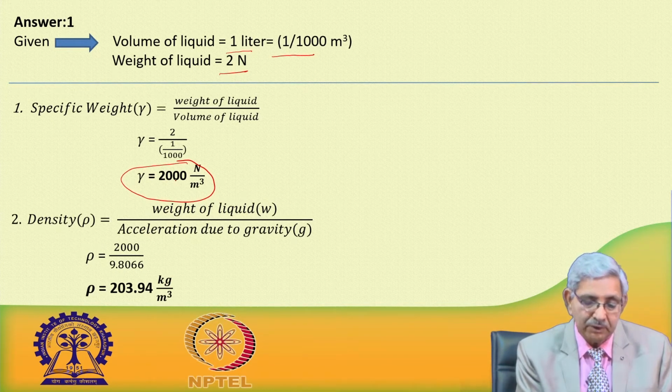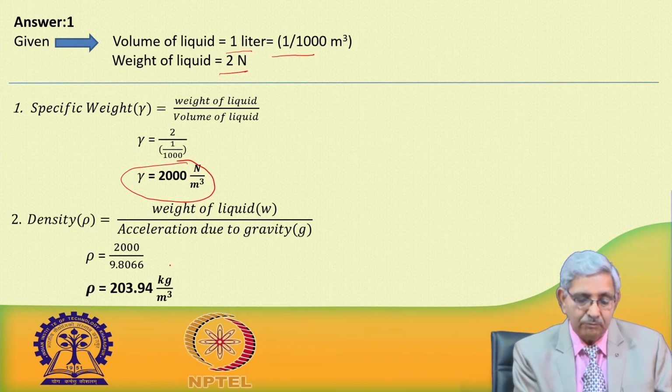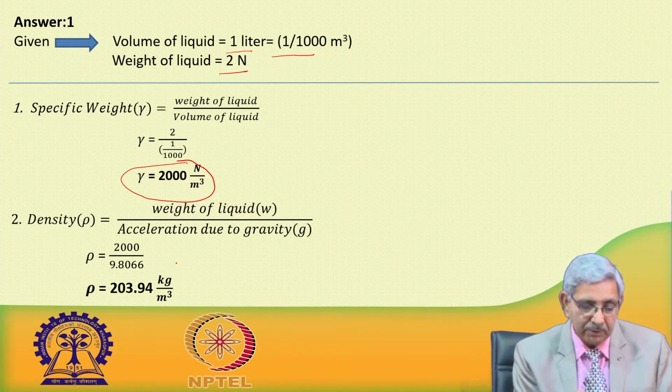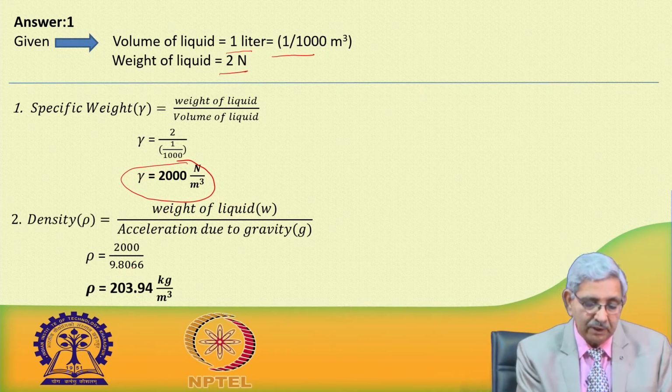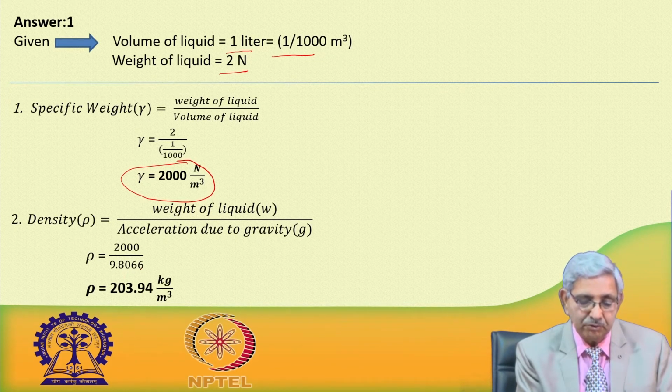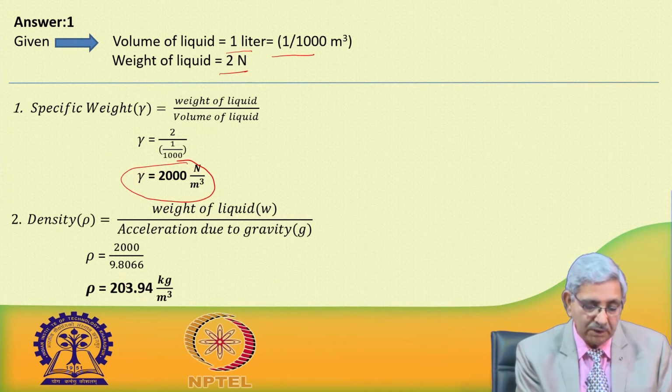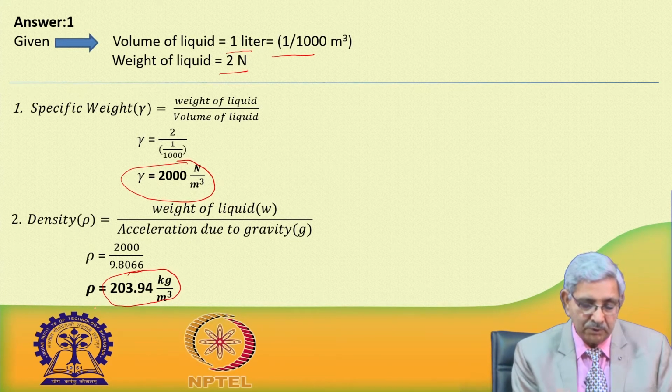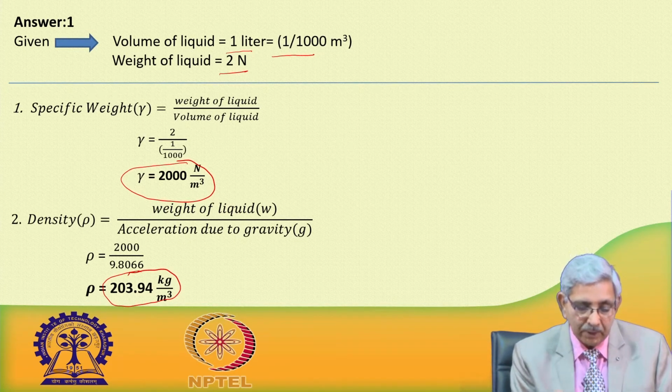We can express the same thing in terms of kilogram per cubic meter. So, 2000 divided by 9.8066, which is nothing but acceleration due to gravity g. So, the density of this liquid can be worked out as 203.94 kilogram per cubic meter.